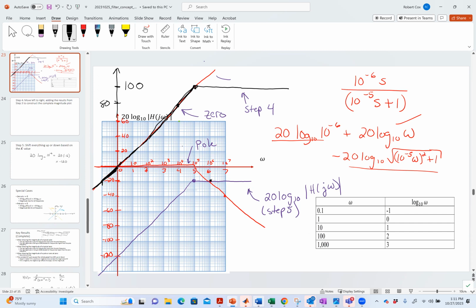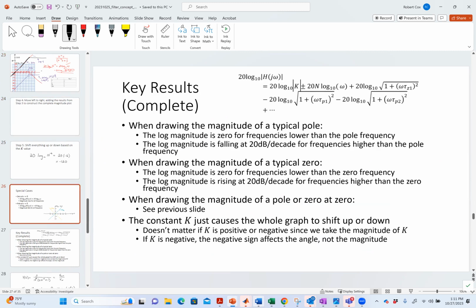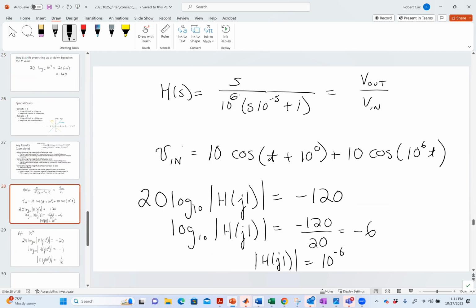If I don't like that, and this came from an op-amp circuit, I'd stick another op-amp circuit after it that had a gain of 10, and that would make it go back to the same size as before. And the term at 1 radian per second will still be pretty tiny: 10 to the minus 5th volts at the output. I don't have an oscilloscope that'll even measure that. In other words, I've pretty much knocked him out and I've kept this.